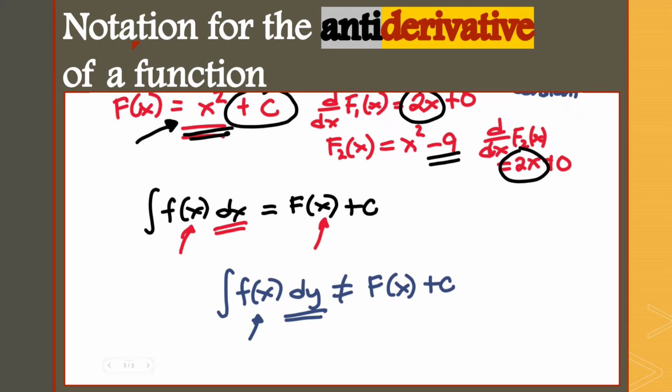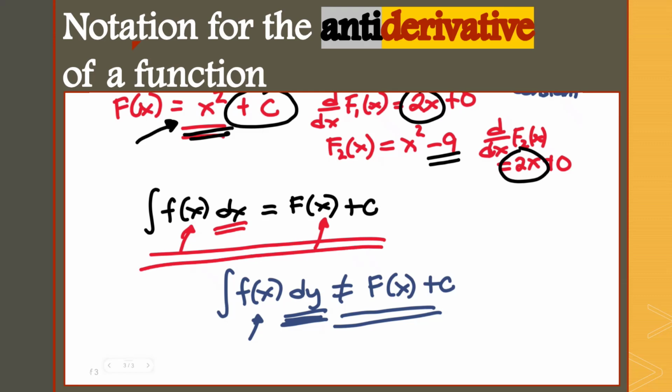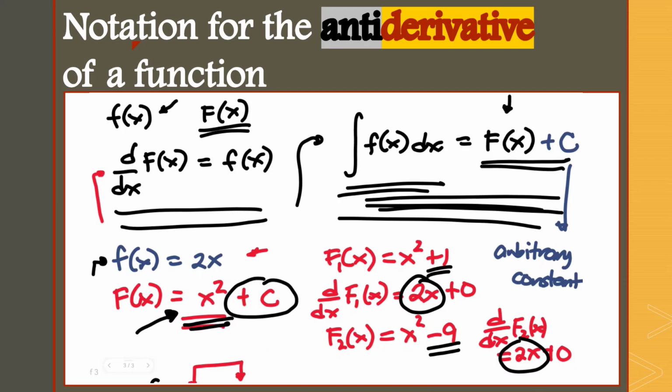This is to be integrated with respect to y, so we cannot claim this equivalence. The point here is that the notation for antidifferentiation, or the process of finding the set of all antiderivatives of a given function with plus C, is only true if we have the same variable that it is with respect to. And of course, it would satisfy all the necessary concerns here.